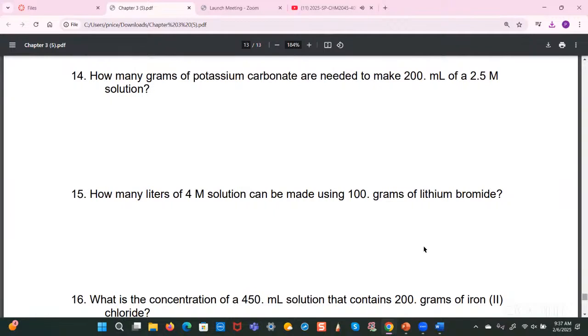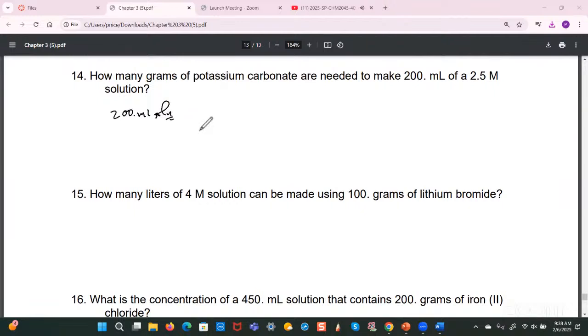Number 14 says, how many grams of potassium carbonate are needed to make 200 milliliters of 2.5 M solution? Right? So the way I would go about doing this one is I would start off with the 200 milliliters of solution. All right, of the solution.